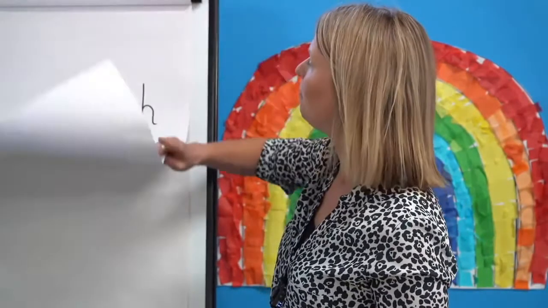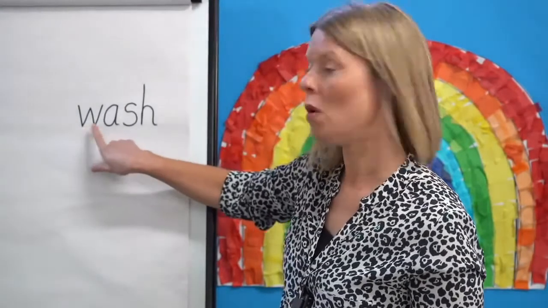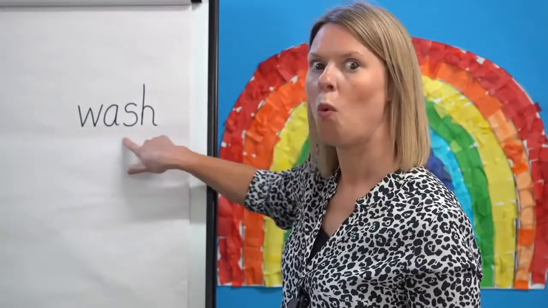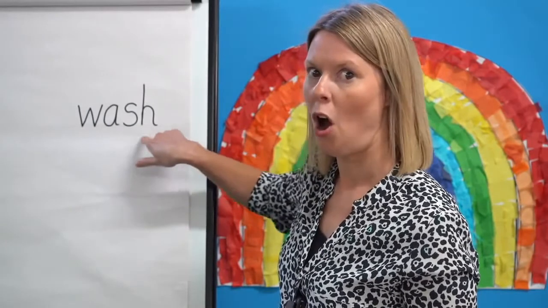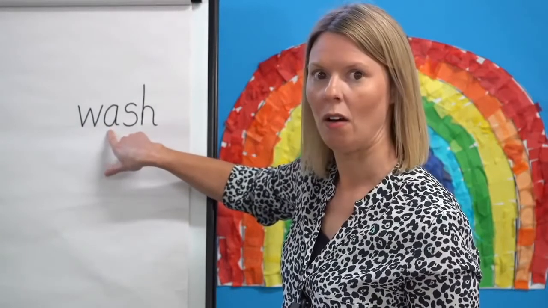Say the word. Say the sounds. Sh. Write them down. Ready? Oo, O, sh, wash. Remember our new way of writing O. Did you get it right? Well done.